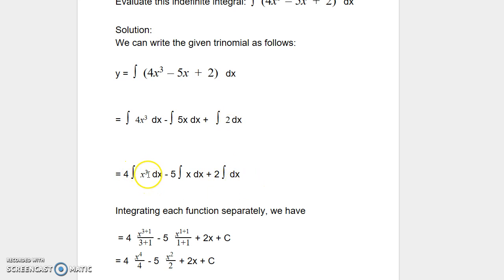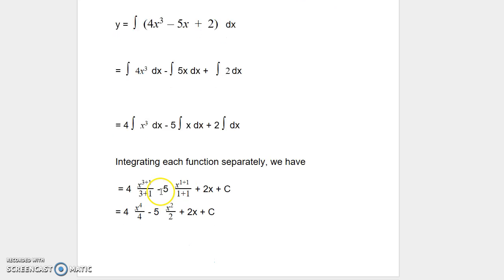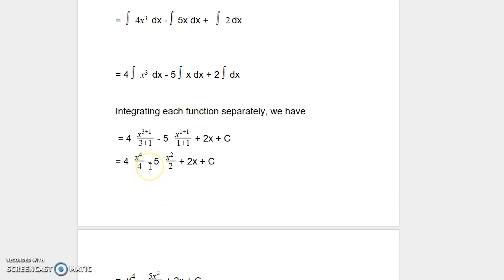So 4 integral x cubed dx minus 5 integral x dx plus 2 integral dx. So this is the way we're going to separate it out, separating the constant out of the integration symbol. And now we are ready to apply the integration process and simplify it.